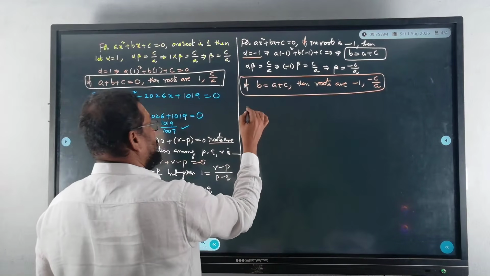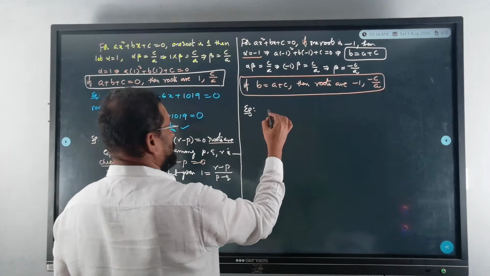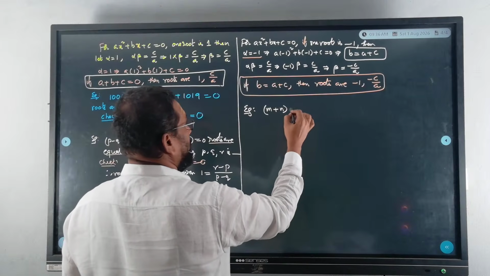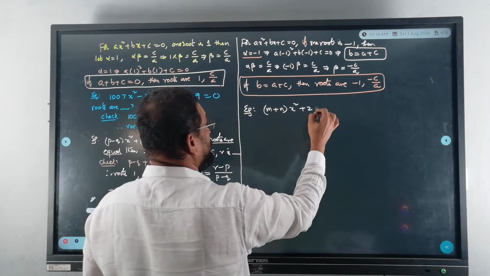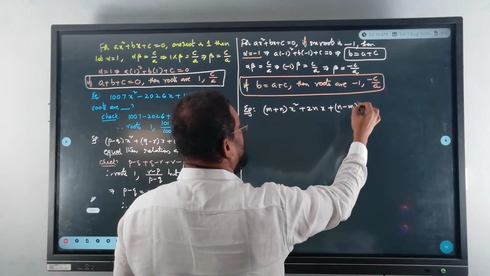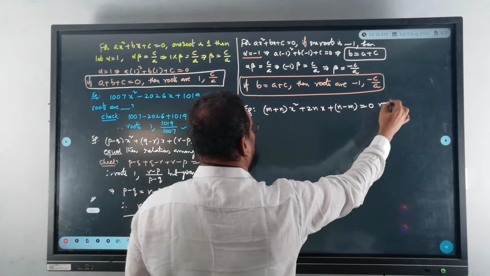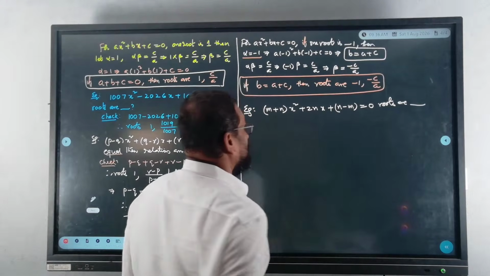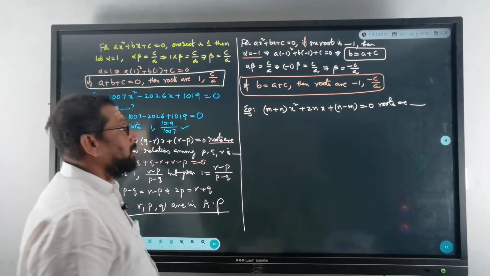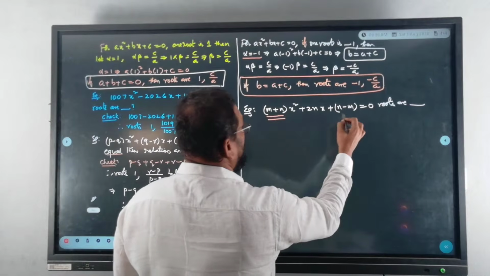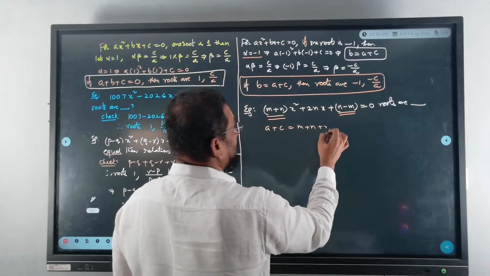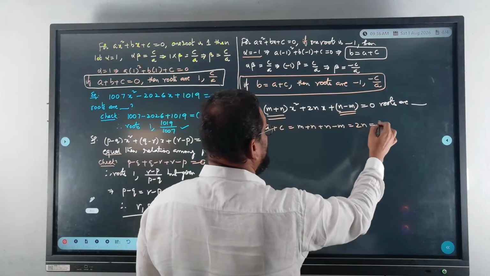For example, m plus n x square plus 2nx plus n minus m is equal to 0. What are the roots? Now we have to check a plus c: m plus n plus n minus m is equal to 2n, which is b.